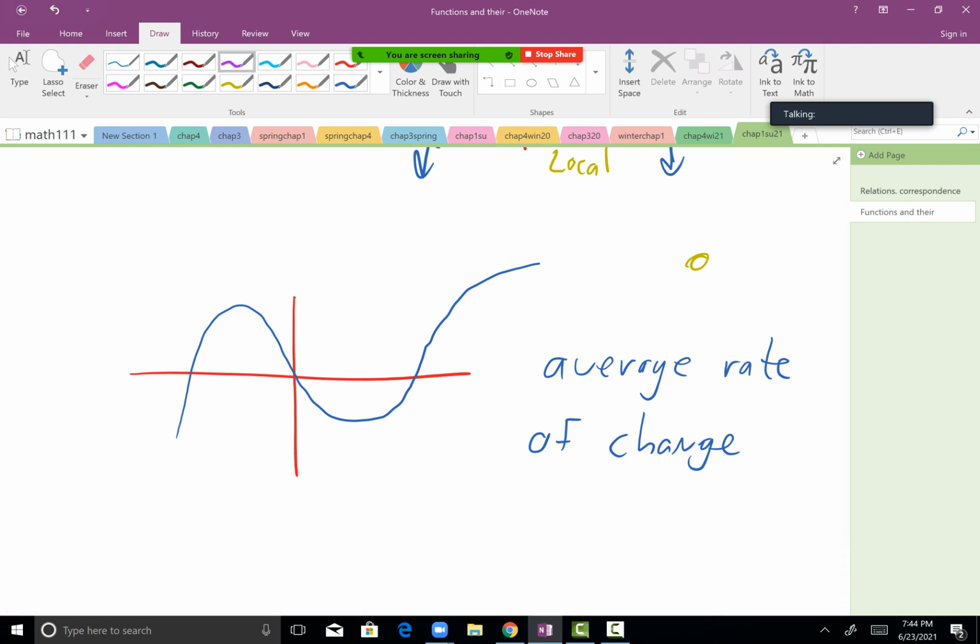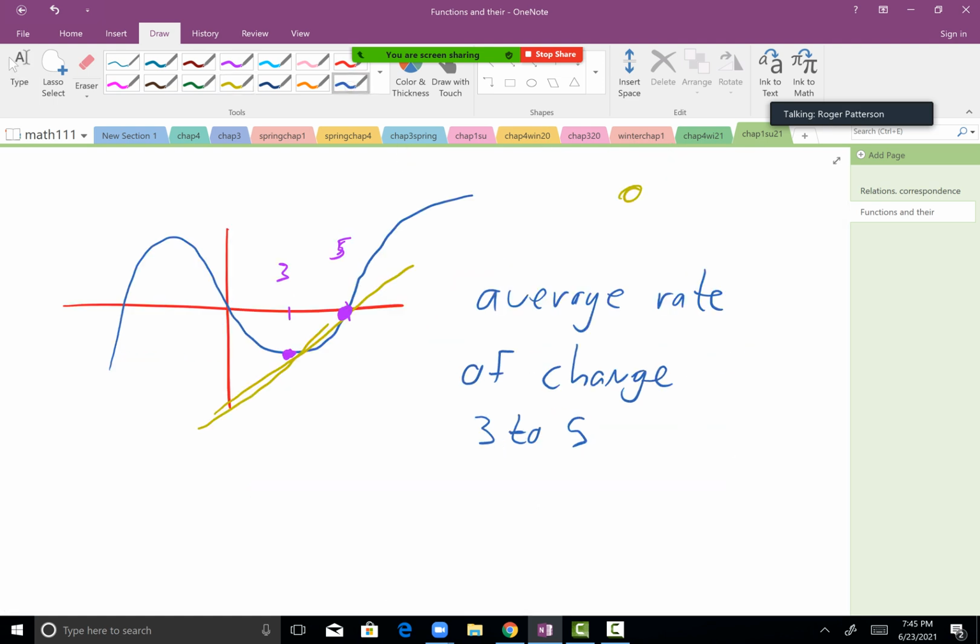All right, let's say that this is 3, and I want to say this is 5. Okay, so if they say they want to know the average rate of change from 3 to 5, then what we're going to do is come down here to 3, and I'm going to put a point there. Go to 5, put a point there. And then I'm going to connect that with a line, kind of. Okay? Visually, anyway. And the average rate of change is just the slope of that line.